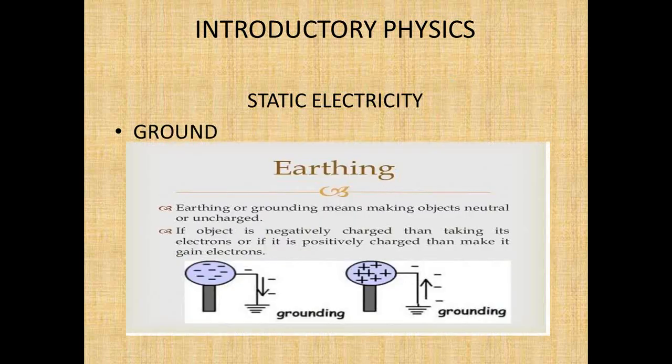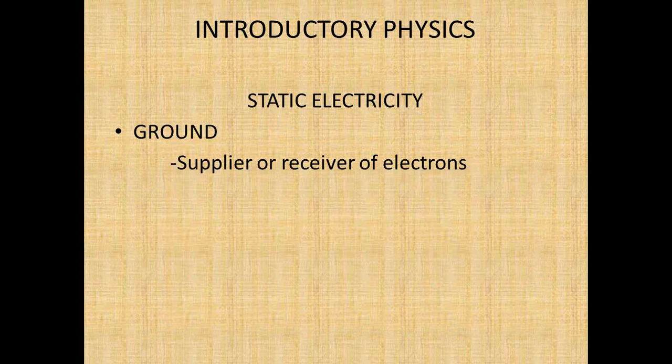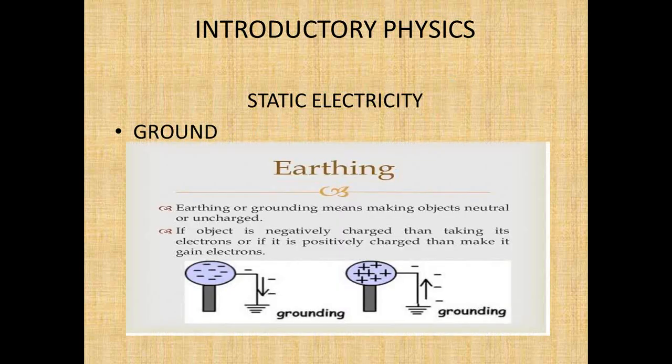So when we say grounding or ground, it is just a supplier or receiver of electrons. It is just something that can either supply electrons or receive a bunch of electrons. That's basically what grounding is.